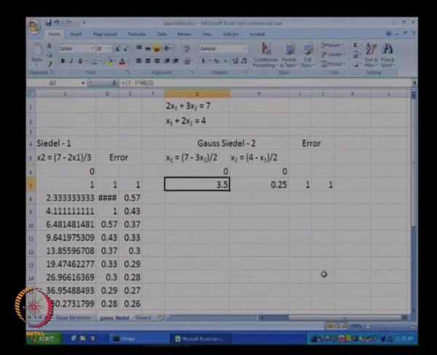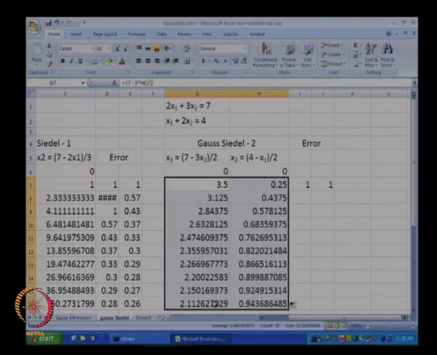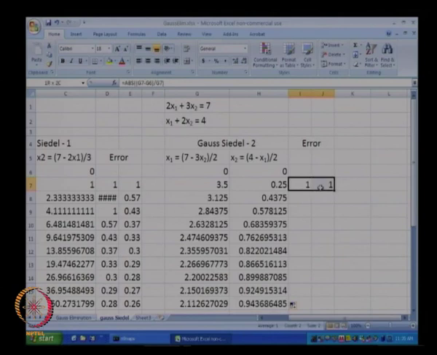Okay. So, from 0 our x1 value has gone to 3.5, from 0 our x2 value has gone to 0.25. We will just select this and drag it to see where these solutions are leading us. Okay.